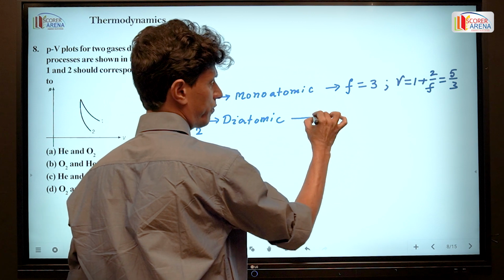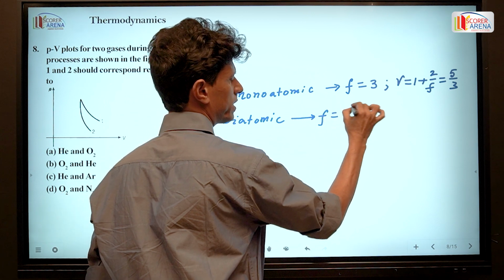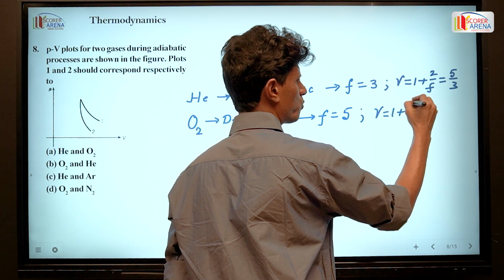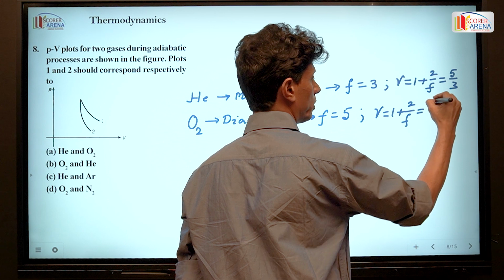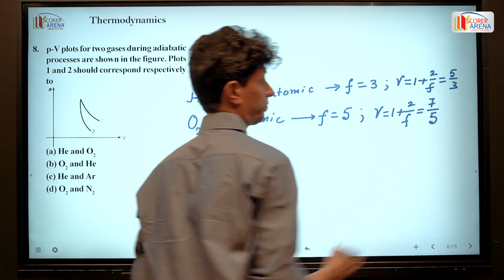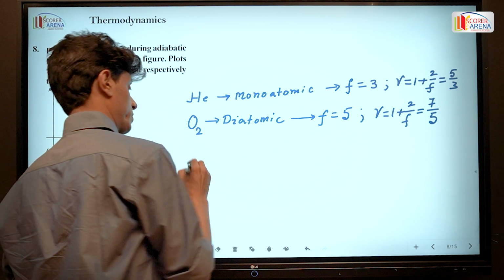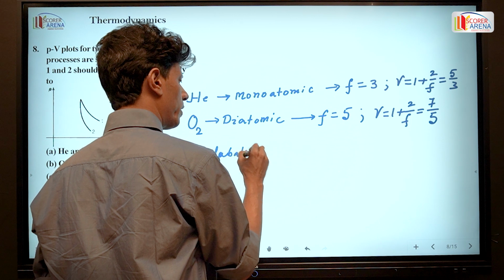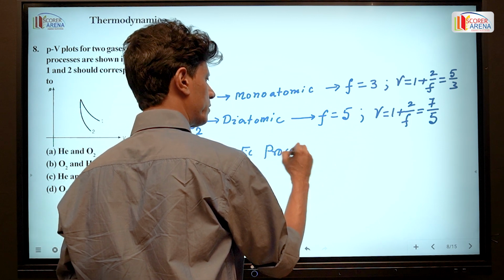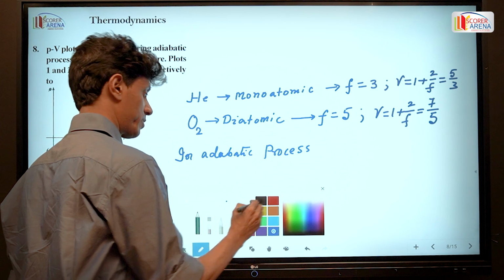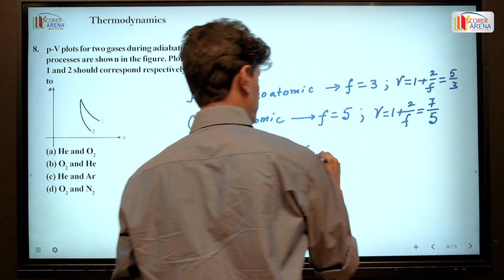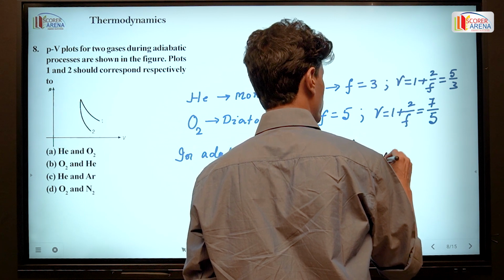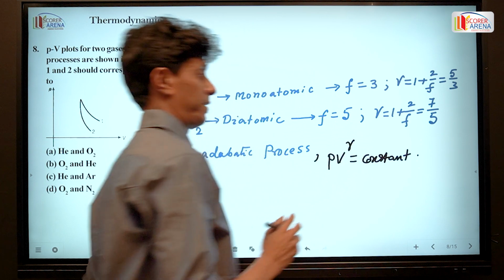Diatomic gas, degree of freedom is 5 and therefore gamma, 1 plus 2 by F, is equal to 7 by 5. And in adiabatic process, we know PV to the power gamma equal to constant.